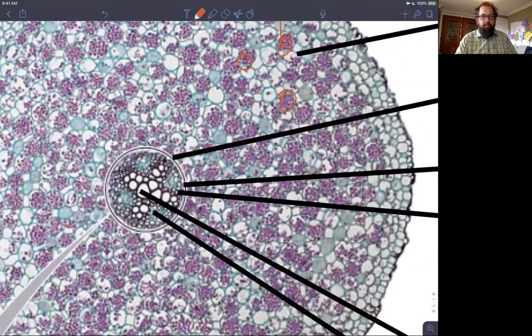The xylem forms this sort of X shape, and those are those really big, thick-walled, dark staining cells. Those are all the xylem. The phloem, on the other hand, is in between each of these xylem arms, and it's these blue-green cells that don't stain as darkly. Those are our phloem cells moving that photosynthate.